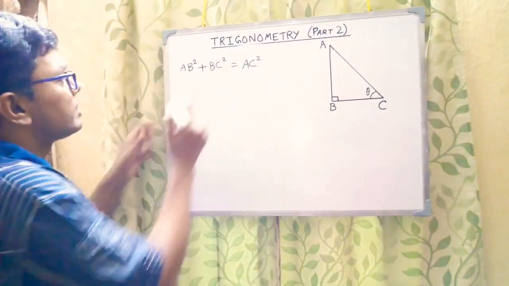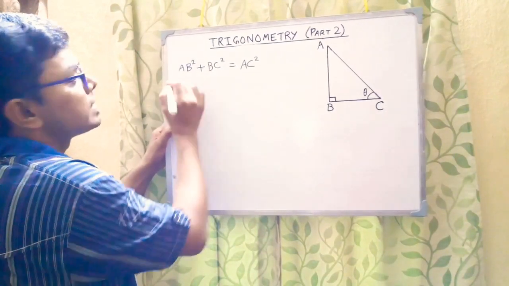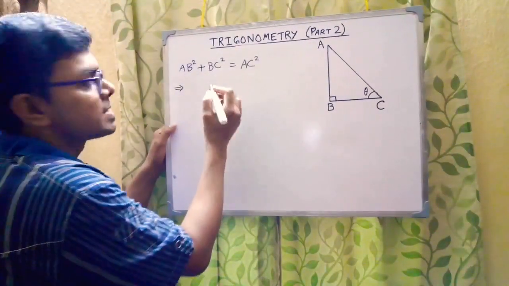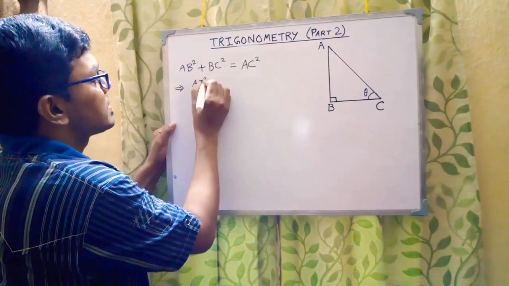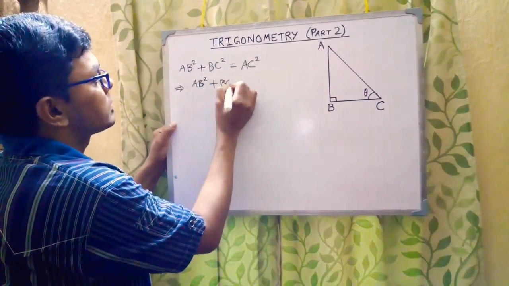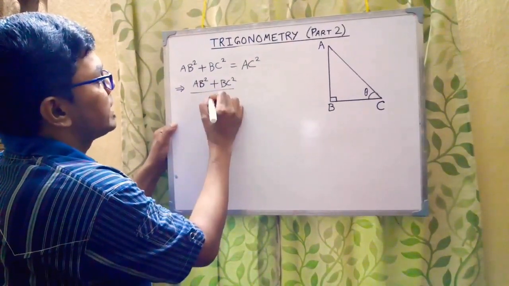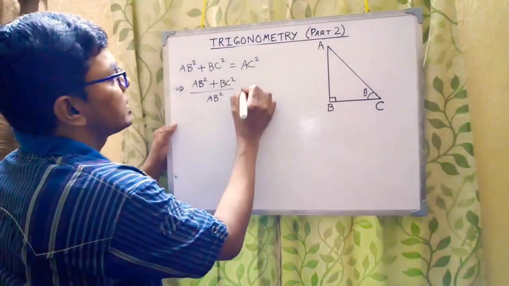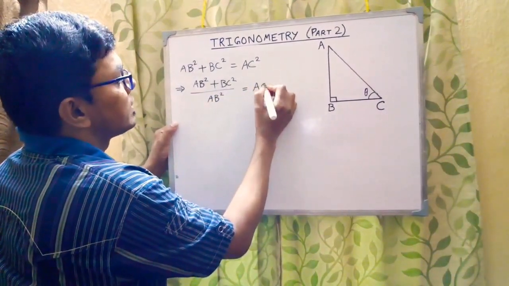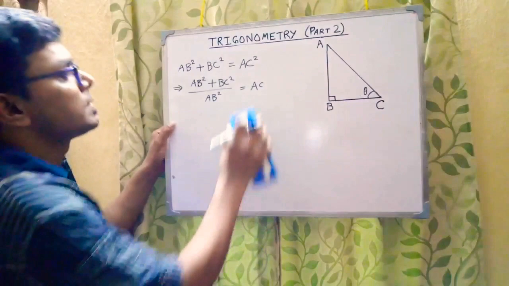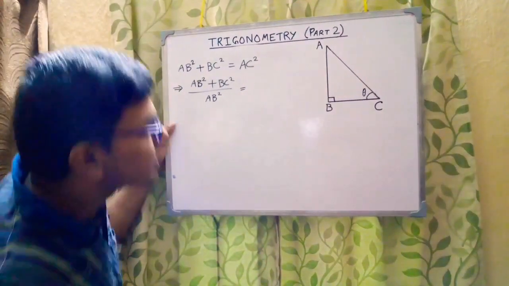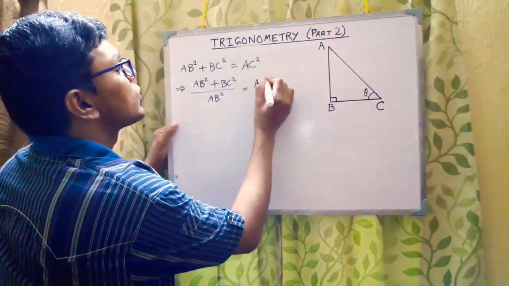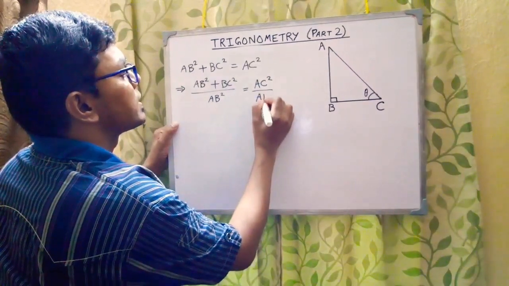Now this time we divide the entire thing by AB square. So AB squared plus BC square, I divide by AB square, that gives, sorry, my bad, AC squared by AB square.